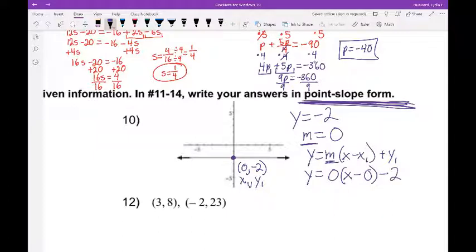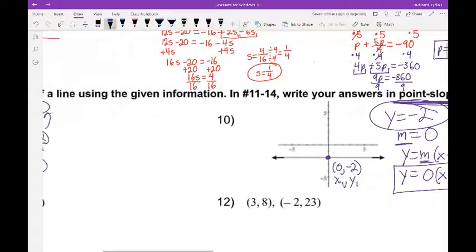Again, if you distribute that 0 out and simplified, you would get this answer. But it kind of just depends on what the directions say, because this would be that answer in point slope form. I would personally take either of those, but again, make sure if you're using this for a different class other than Mrs. Hubbard's class, you're being very specific with what your teacher wants.